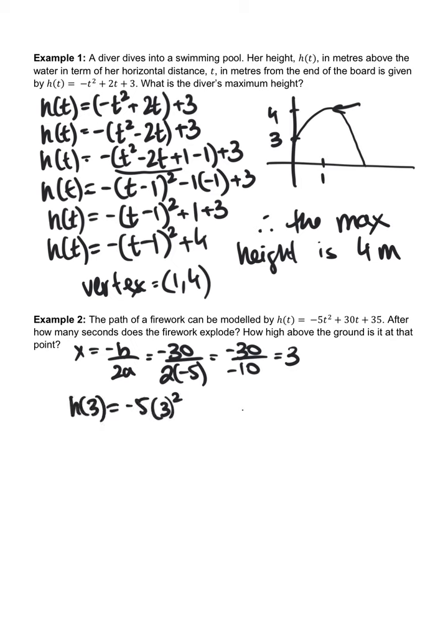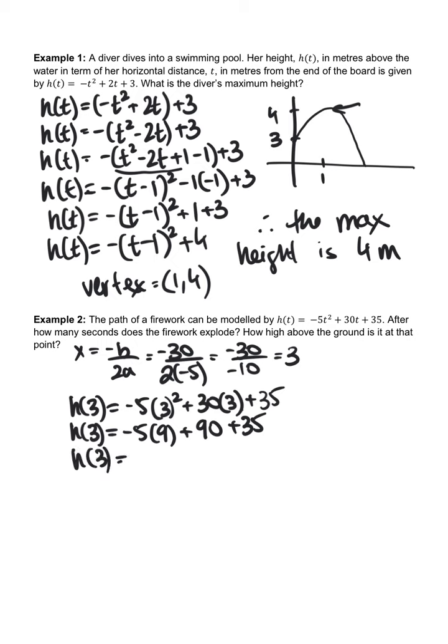So we get 3 squared plus 30 times 3 plus 35, which becomes 80. And so our vertex is going to be (3, 80).